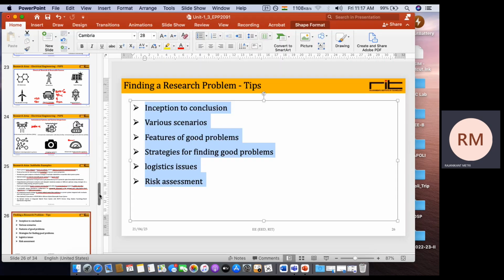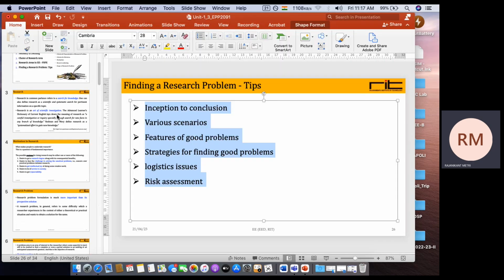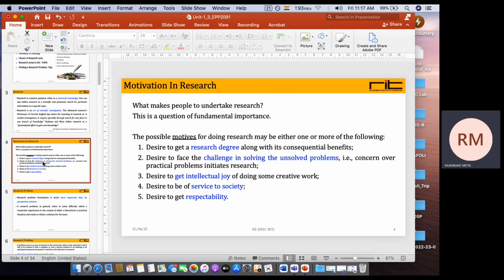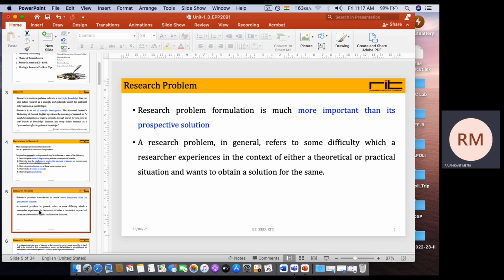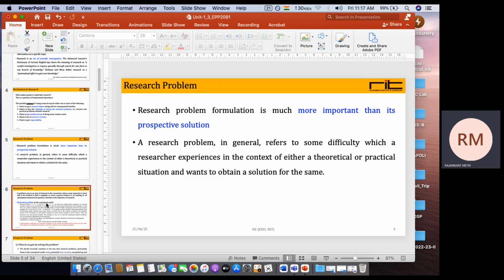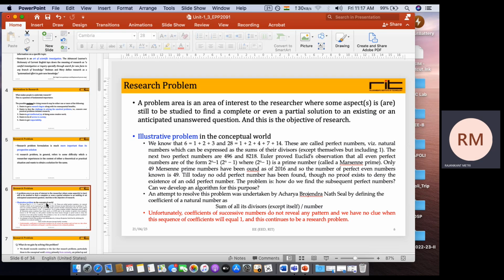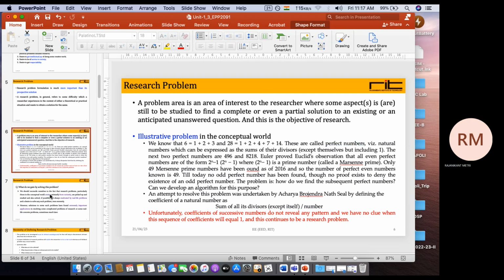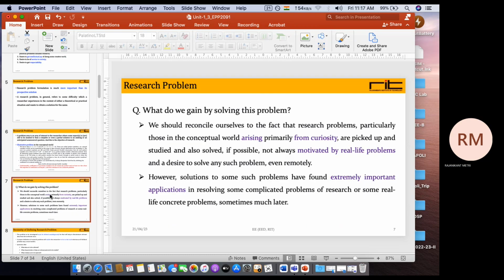So in today's session, we revisited the research and the motivation for the research, and then again we revisited the research problem. Then we took one illustrative example of how a research problem can be identified, through a mathematical example of perfect numbers, and how significant it is to solve that problem.